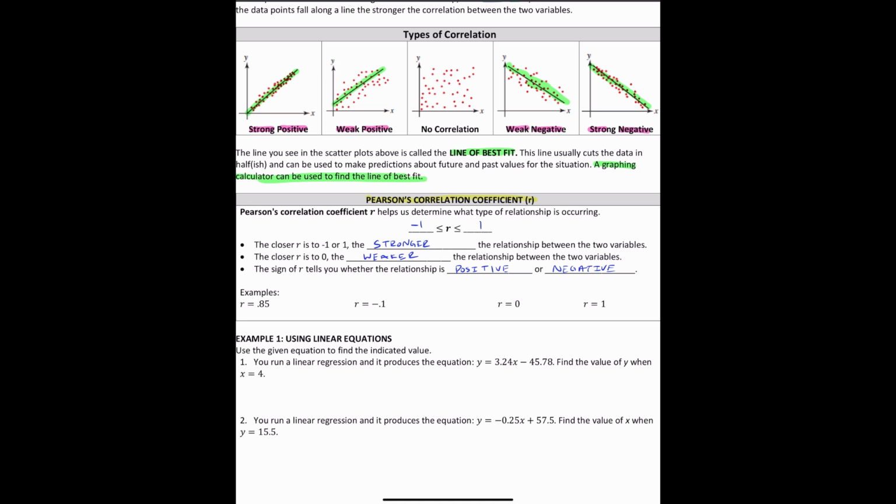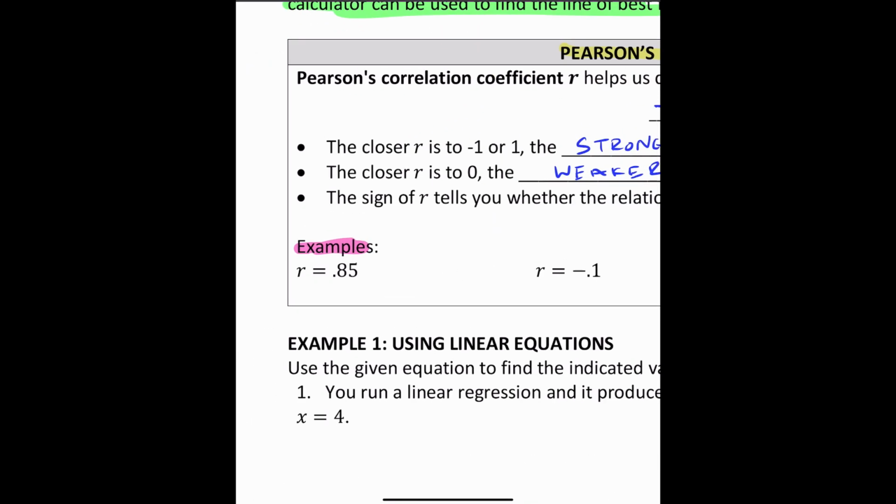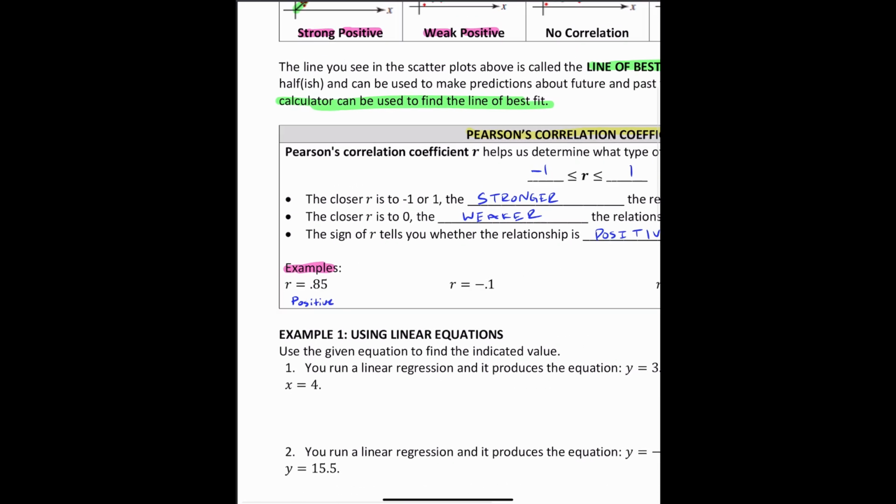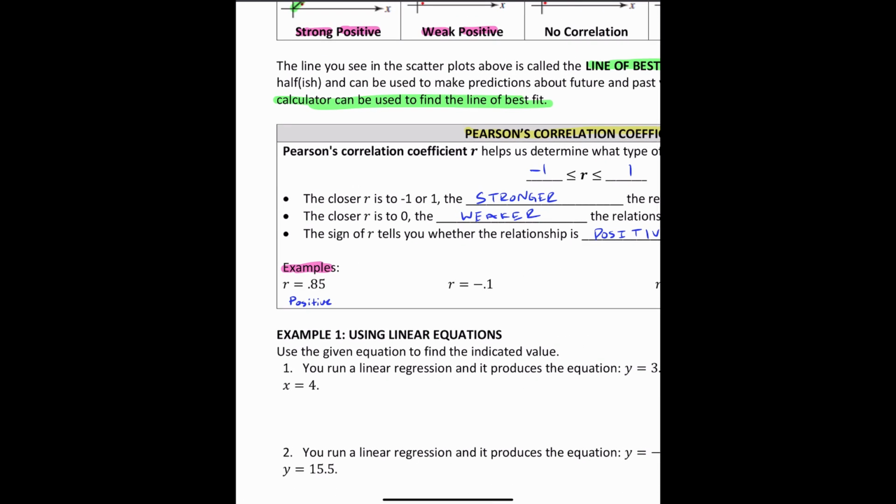So if we look at these examples here, we have that R is equal to 0.85, R equals -0.1, R equals 0, R equals 1. So the first example here, we know that this is positive because it doesn't say negative, right? So this is positive. And 0.85 is pretty close to +1.